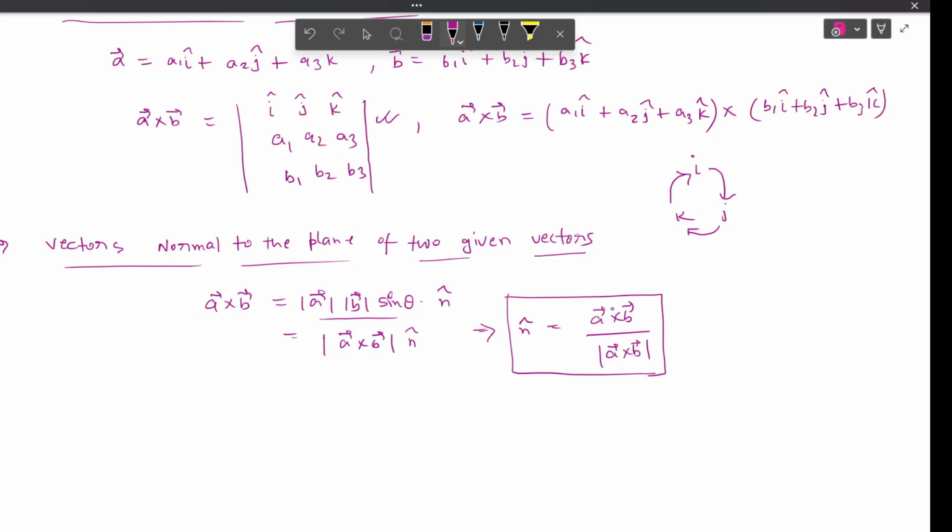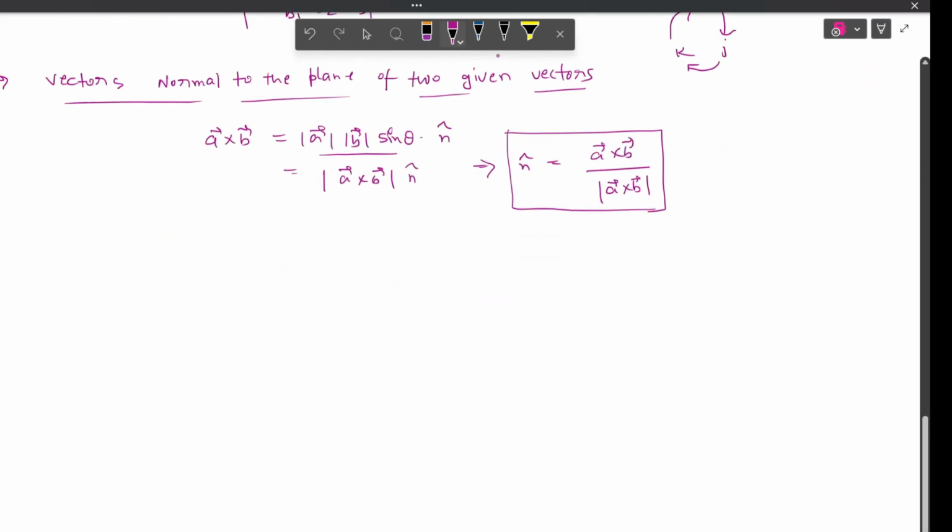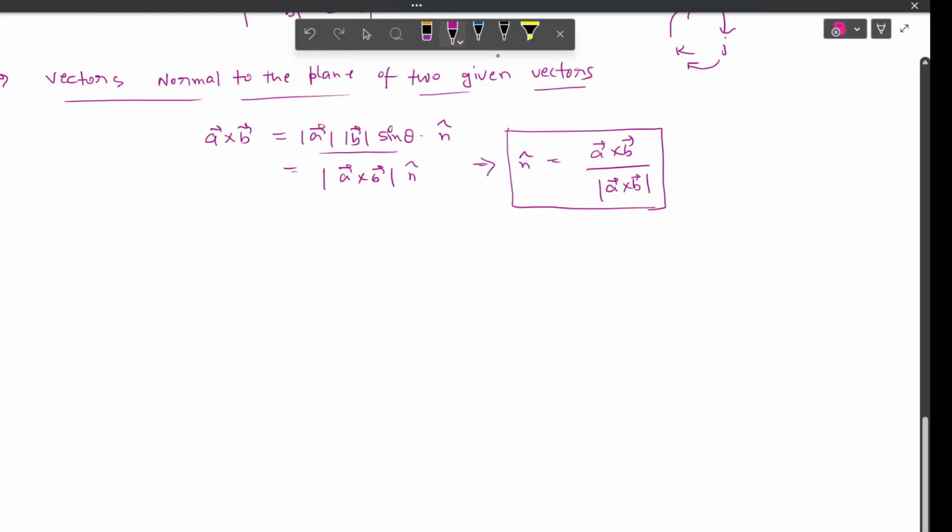And now we will see some important result. We have just seen that area of parallelogram with adjacent side as a and b is modulus of a cross b. Area of triangle with adjacent side a and b is half of mod of a cross b. See area of triangle.